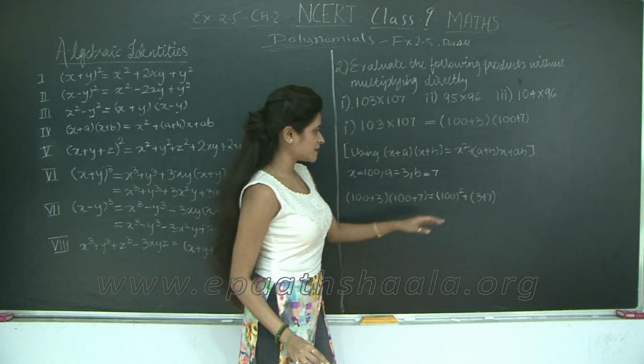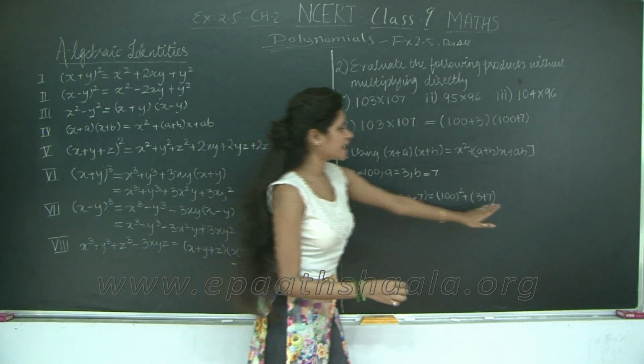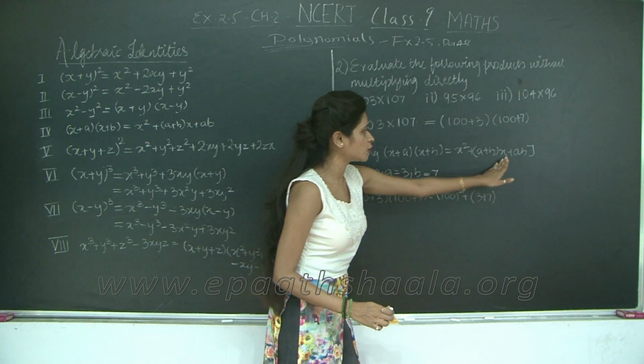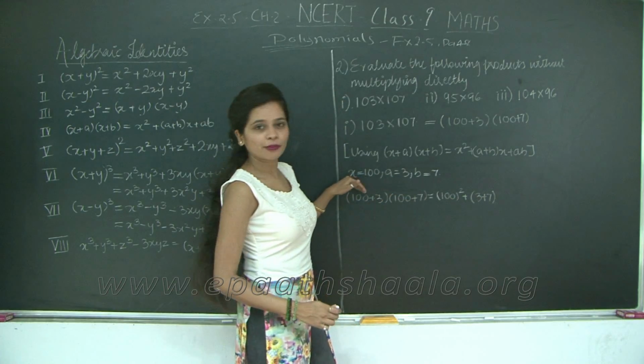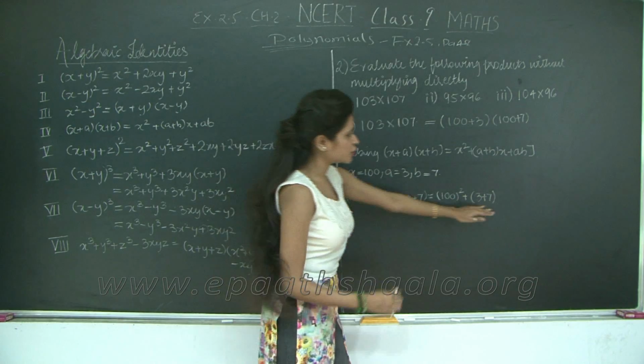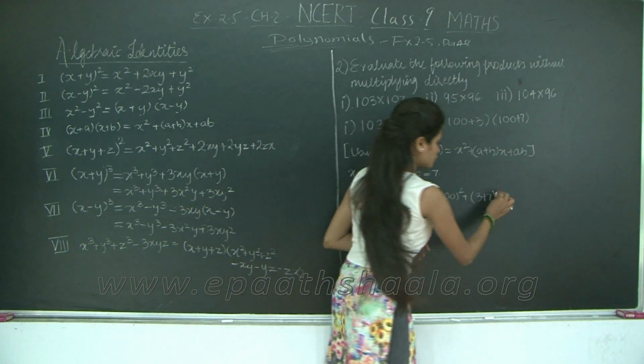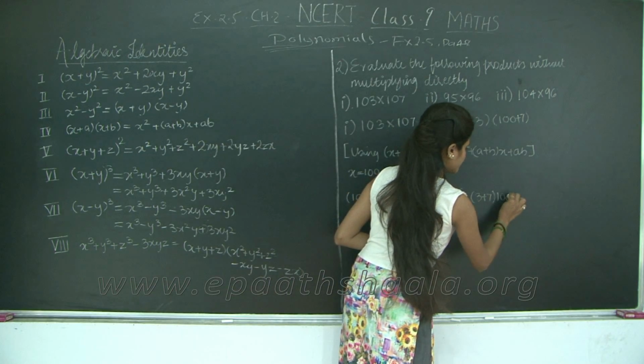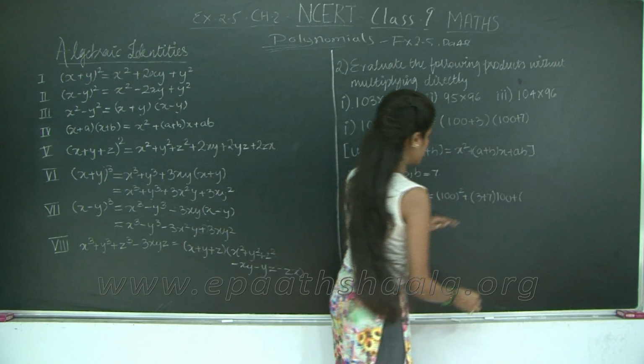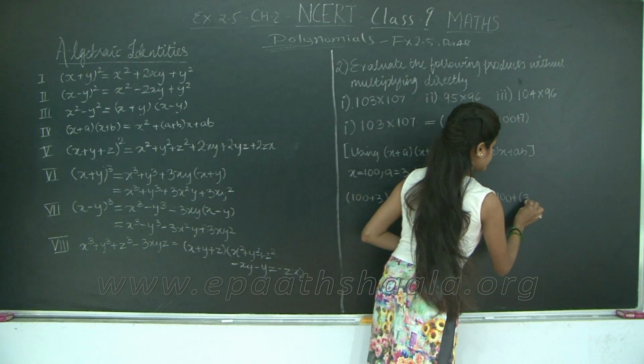Many students make this mistake. Even I as a kid used to make this mistake. I would just write x over here because it looks so simple, copying. But remember, we have the value of x over here. So do not write x, just write your value, okay? So 3 plus 7 into 100 plus a into b, so 3 into 7.